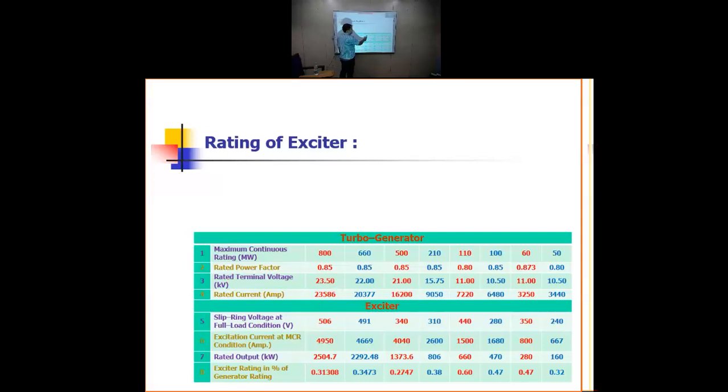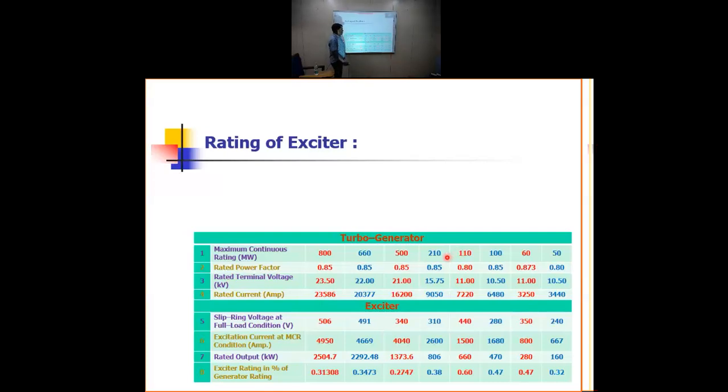Then in case of 660 megawatt generator, the terminal voltage is 22 kV. Terminal voltage means armature voltage, the generated voltage, and the current is 20,377 ampere. And in case of 500 megawatt, 210 megawatt, 110 megawatt, you can see the terminal voltage and the armature current.